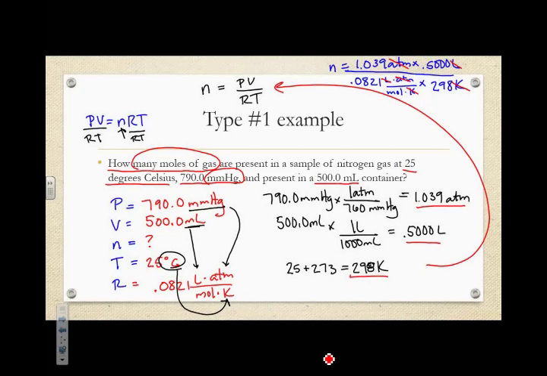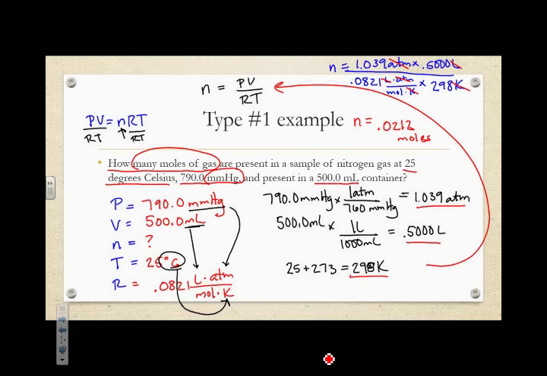That tells me I'm doing my algebra correctly. I plug all those numbers into my calculator, and end up with an answer of 0.0212 moles.